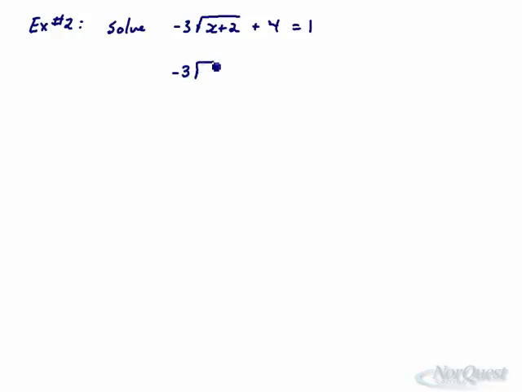Negative 3 square root x plus 2, plus 3 equals 0. And then we're going to graph that equation. You'll see what happens when I have a negative sign out front.